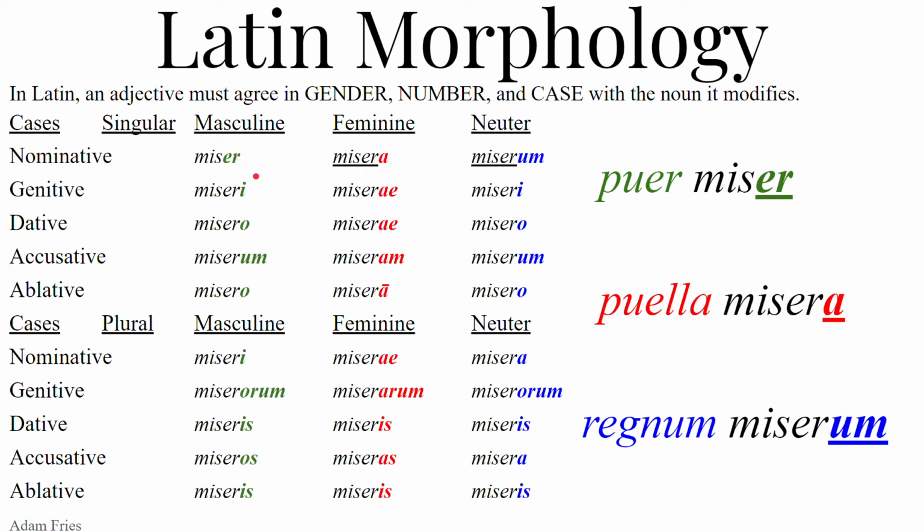So we have the same: us, i, o, um, e, o, i, orum, is, os, is for the masculine, a, ae, ae, am, a, a, arum, is, as, is for the feminine, and um, i, o, um, e, o, a, orum, is, a, is for the neuter. So we will have a puer miser, a wretched boy, but a puella misera, a wretched girl, and a regnum miserum, a poor kingdom in the neuter.